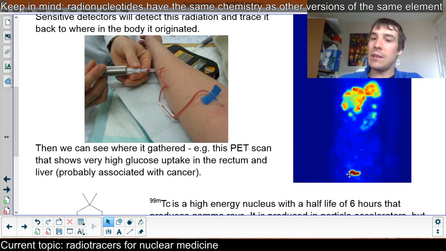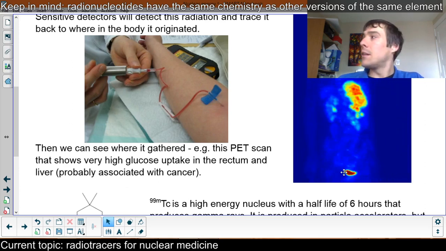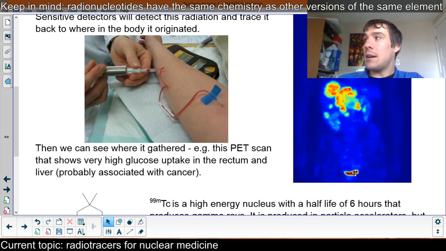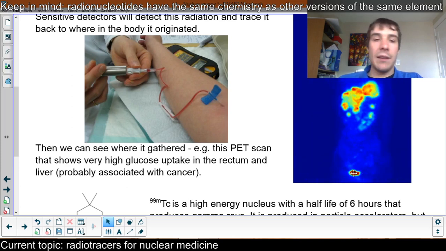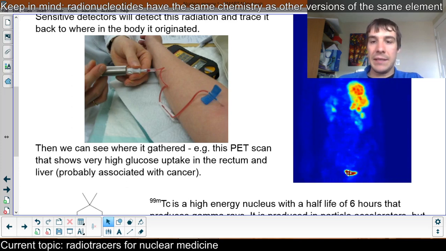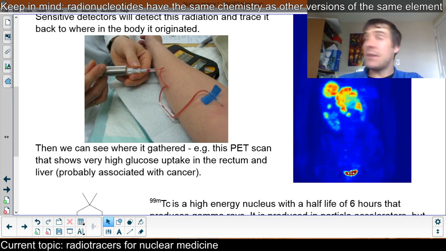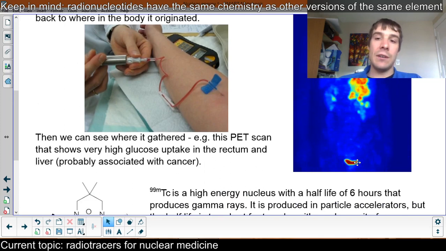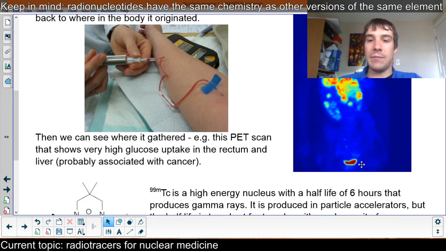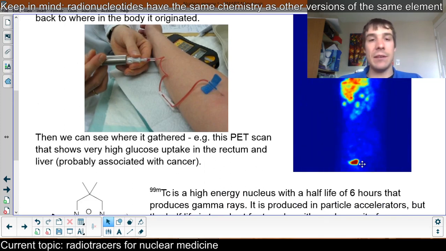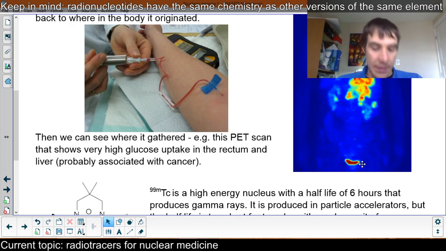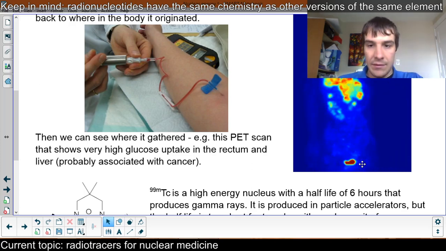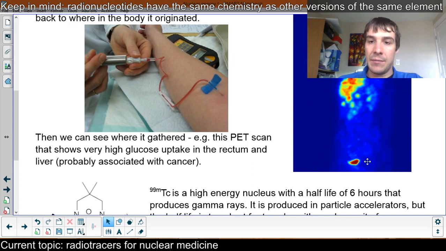But then you got down here, you got this little spot down here. Right? You got this spot. There's a lot of glucose that went to the rectum, which suggests that there's something there that's using a bunch of sugar that shouldn't be. So that might be a tumor, because there's something there using a lot of sugar compared to baseline, basically.